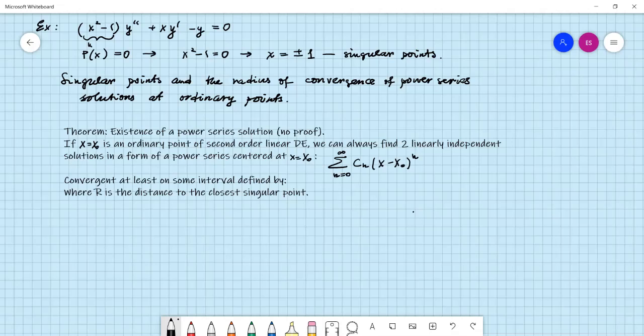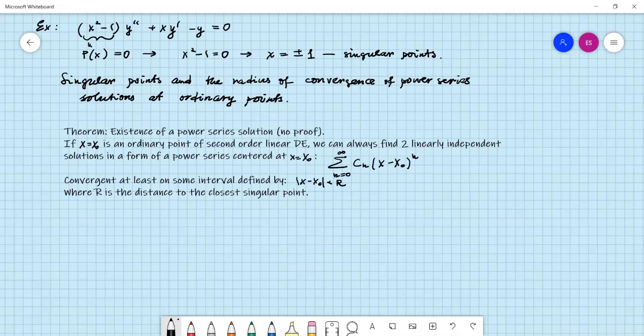And what else? This series solution which exists is going to be convergent at least on some interval defined by the inequality |x minus x0| less than R, and this R is going to be the distance to the closest singular point. That's where singular points are going to help us.